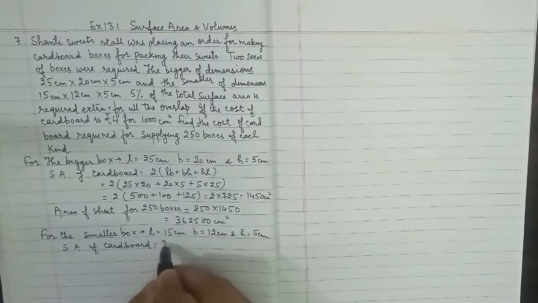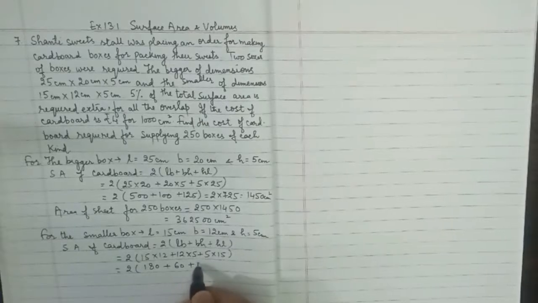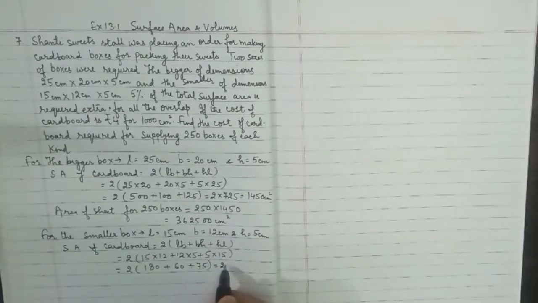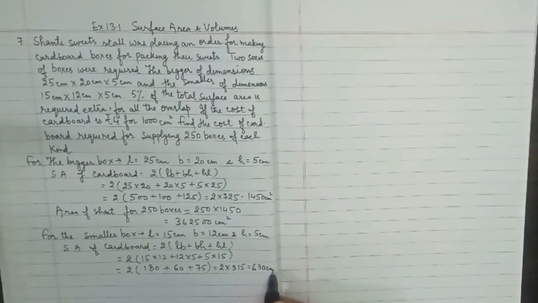The surface area of cardboard for smaller box will be equal to 2(LB plus BH plus HL), which is equal to 2(15 into 12 plus 12 into 5 plus 5 into 15), which is equal to 180 plus 60 plus 75, which is equal to 2 into 315 equal to 630 centimeter square. So this is the surface area of cardboard required for one smaller box.